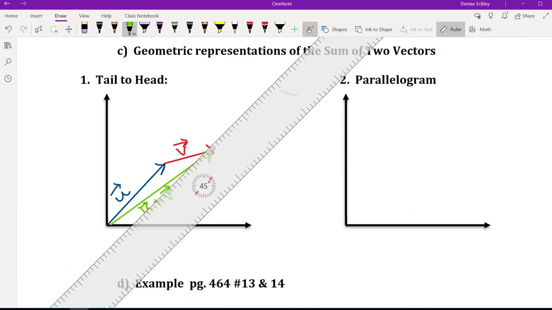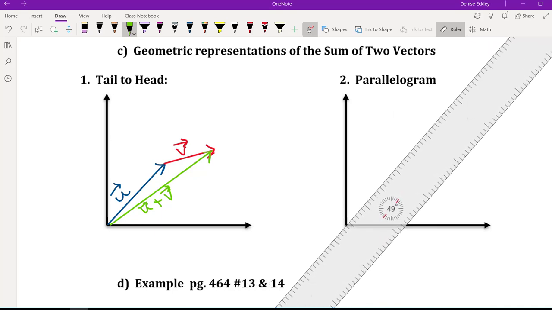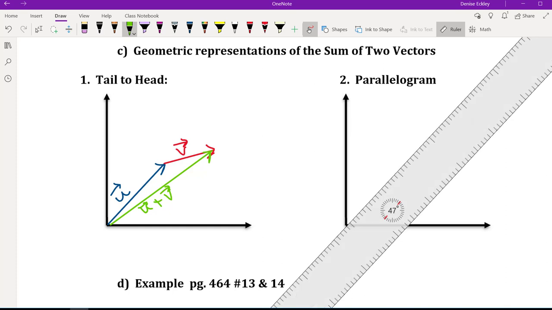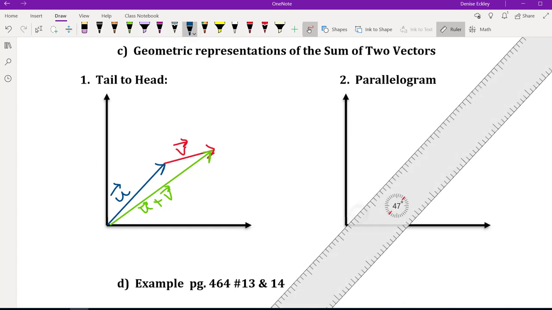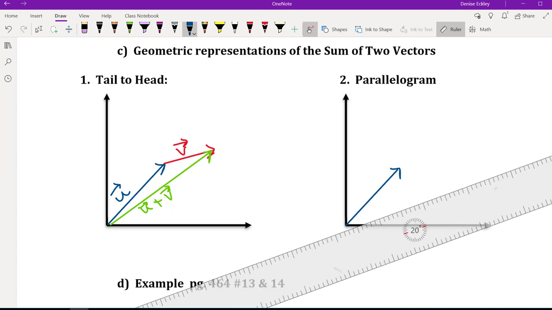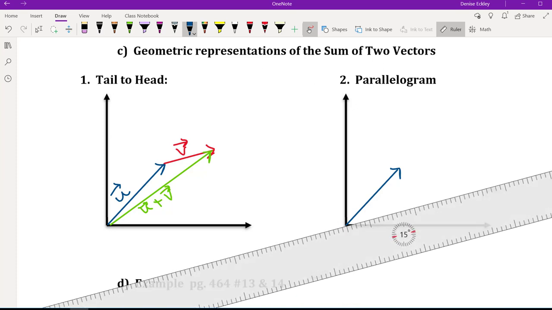If I were to do this another way, let me draw my U. I'll see if I can get those about the same length, since I didn't measure when I drew it. And then I draw V also, because remember we're representing them from 0.